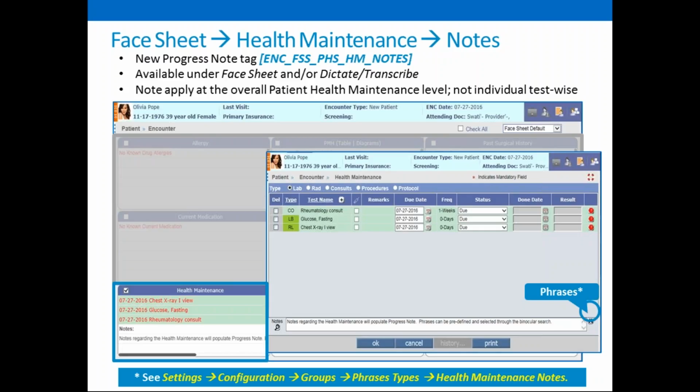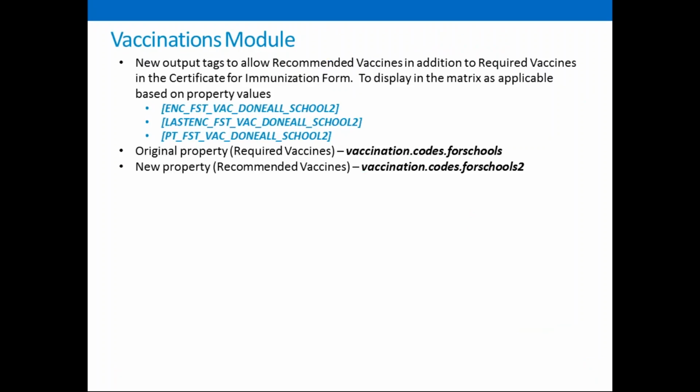There is a history level notes now with phrases that you can predefine. Vaccination module has some new tags that have been added to differentiate between recommended vaccines and required vaccines. So if that is something that is applicable in your practice, you can now have those differentiations in your shot records.